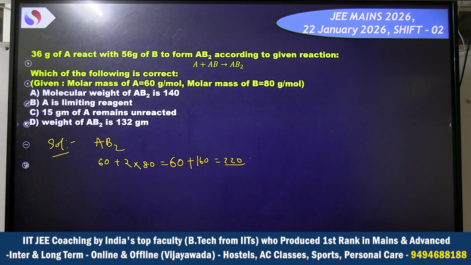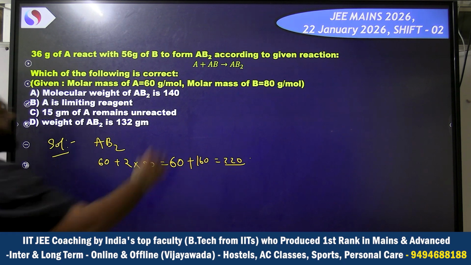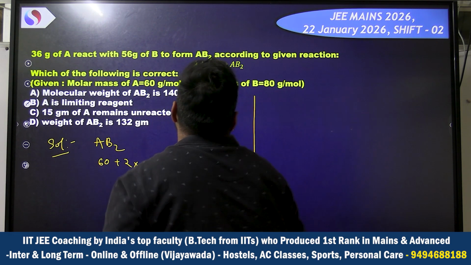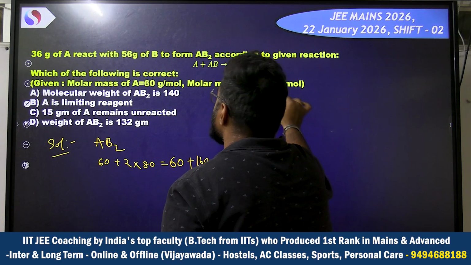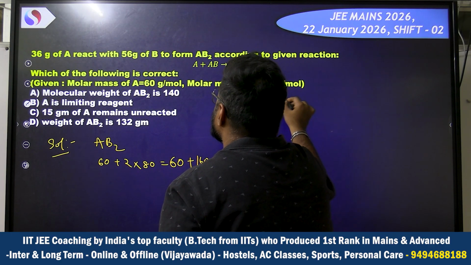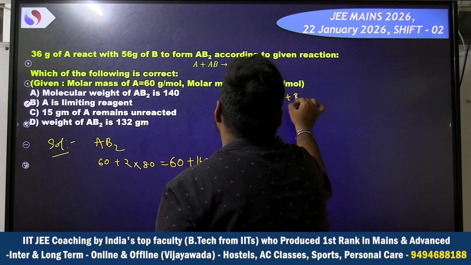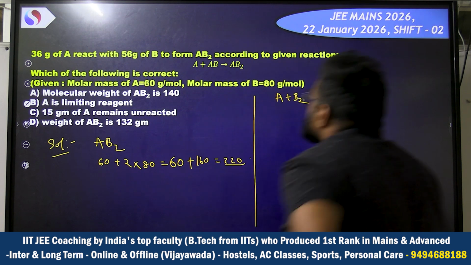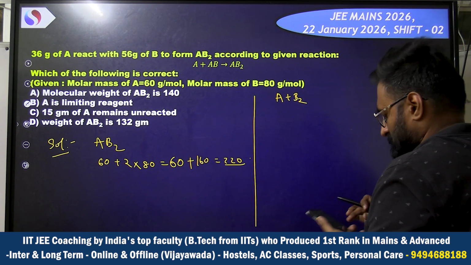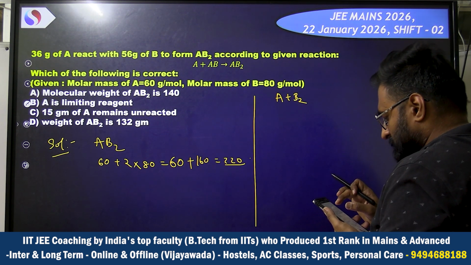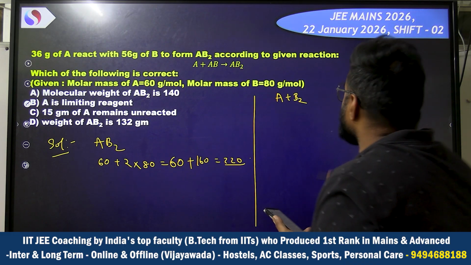Now we have to see which options are correct. Let us analyze this. Now let us write the equation. The equation is A plus B2. I think there is some mistake in the equation written here, because B2 is given. A plus 2B.